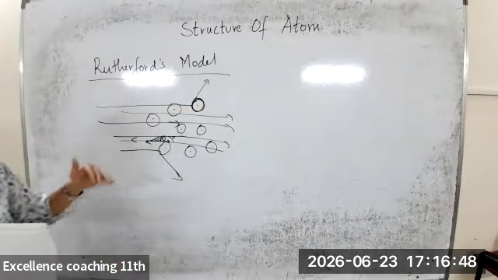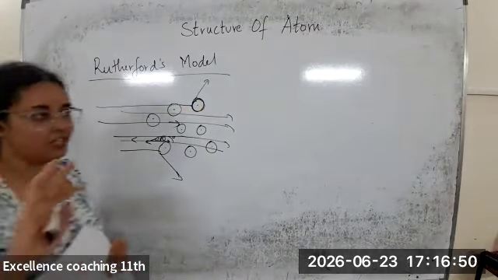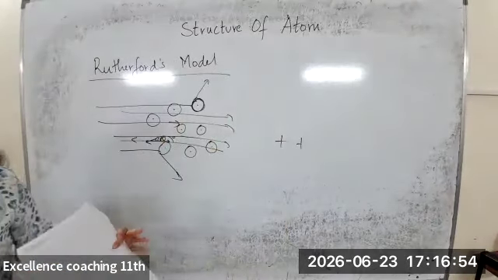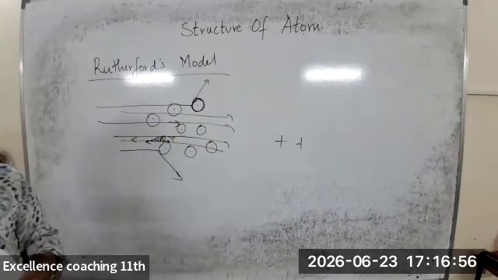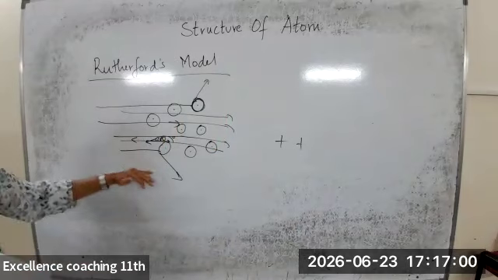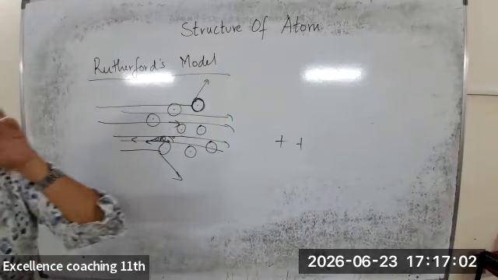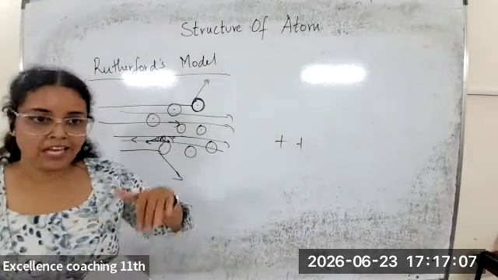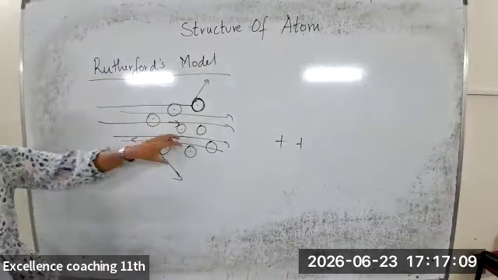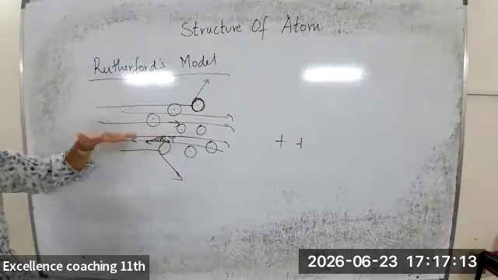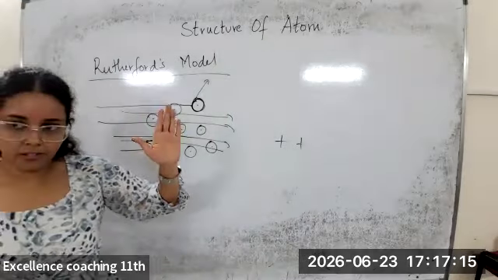By nature, we know that like charges repel, and negative and positive attract. He followed the same rule. Since the alpha particles he passed through are positively charged, there must be some positive charge in those gold foils. He said that because of that, they must have got deflected or repelled.